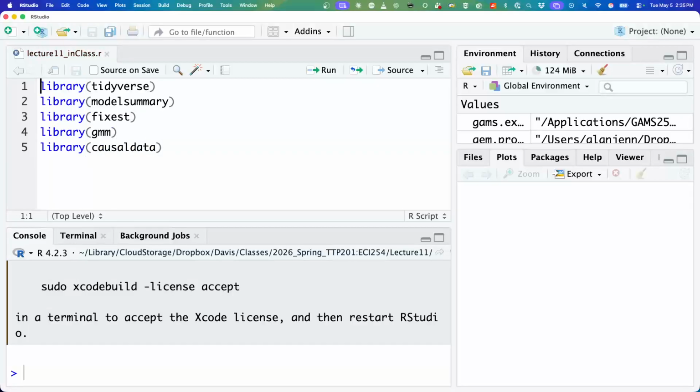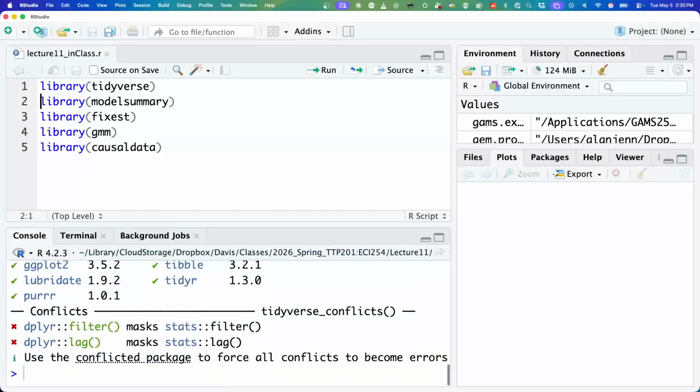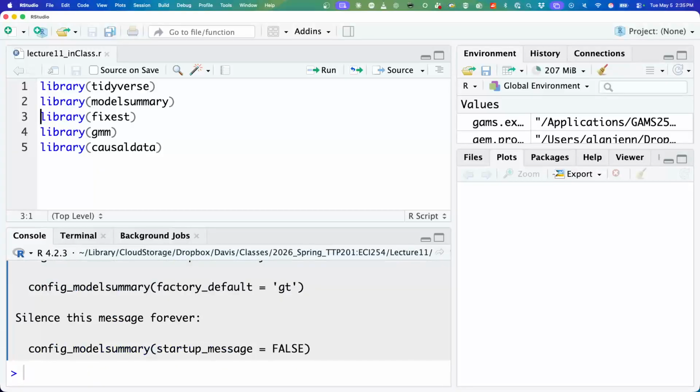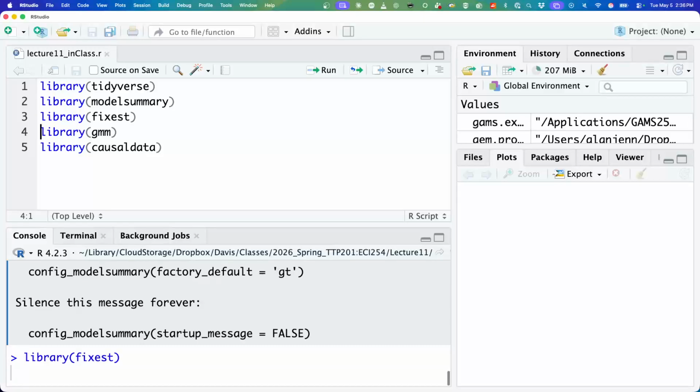Okay, so I'll use tidyverse. Model summary is a nice library that will produce nicer looking outputs for our regression tables. We'll see this in a second. Fixed estimation, that's one of the packages we can use to do some of these identification tools.